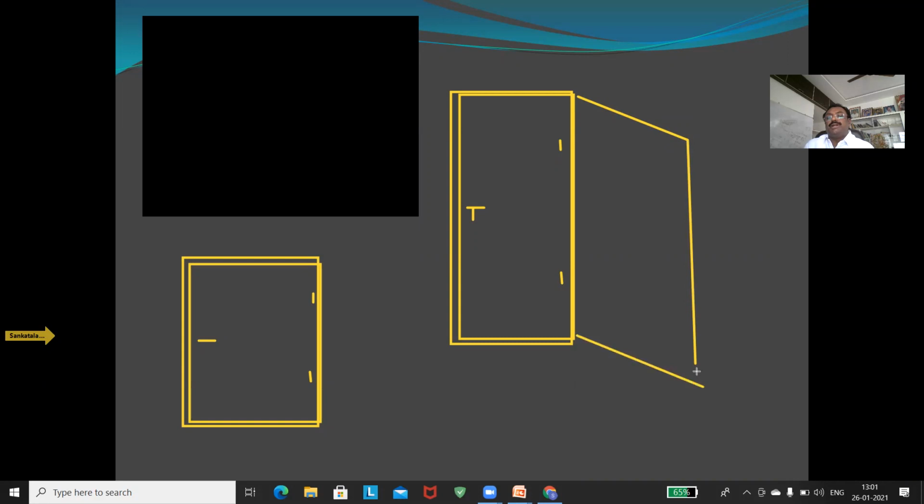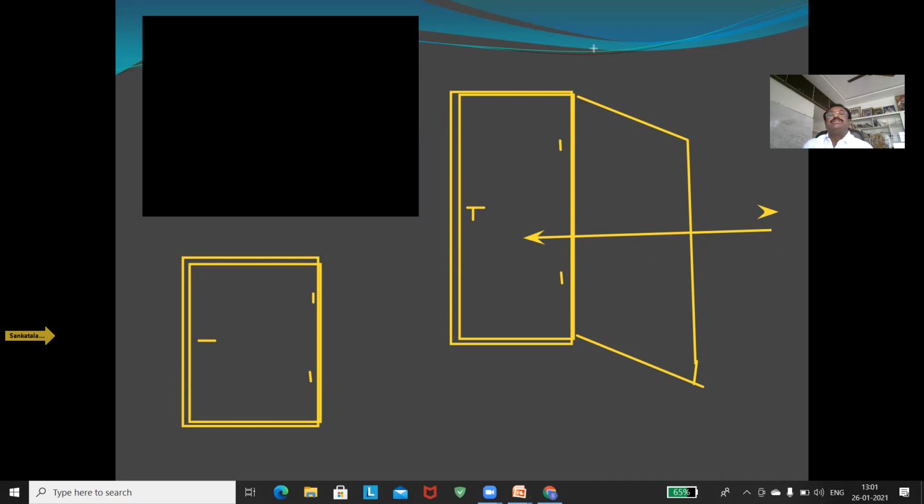Now the door is opened. Here we are applying the force like this. This is called the line of action of force. What do you call? The line of action of force.